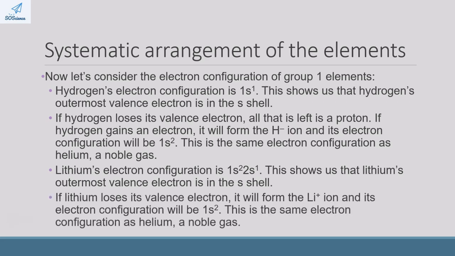If lithium loses its valence electron, it will form the lithium plus ion, and again, its electron configuration will be just like helium's. It will be the same as a noble gas because everyone wants to look like the cool kids.